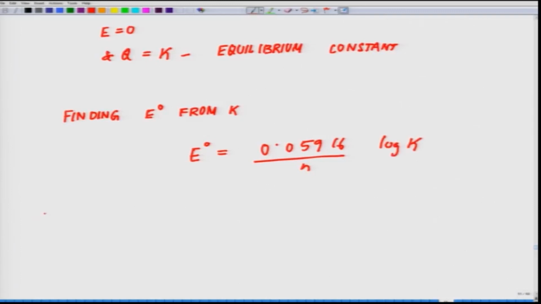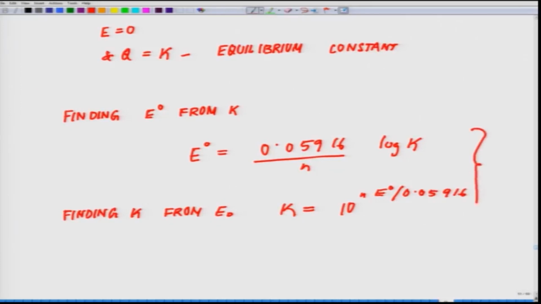Similarly, finding K from E0, K is equal to 10 to the power nE0 divided by 0.05916, and all these reactions are happening at 25 degree centigrade.